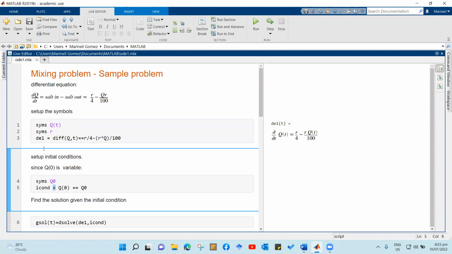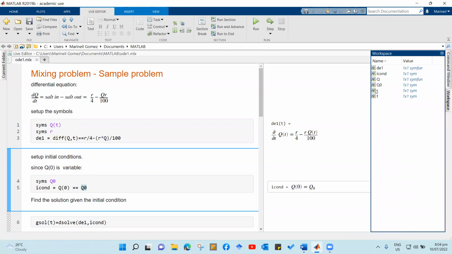Just like de1, ic is the container for this initial value equation. So we can run this section. We now have the initial condition, q sub 0 equal to q0. If you look at our workspace, we now have a new variable, q0, and a new symbolic function, the ic here.